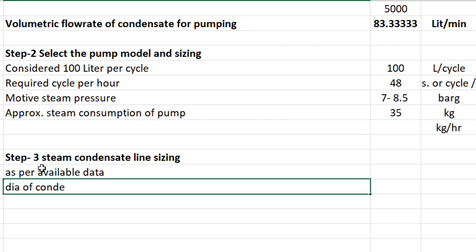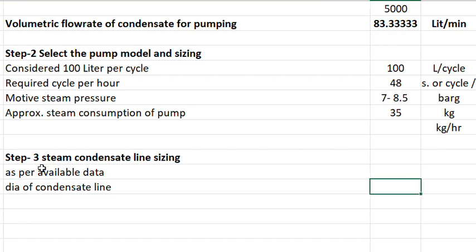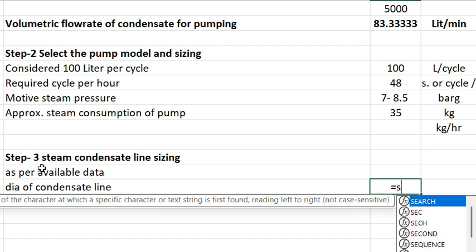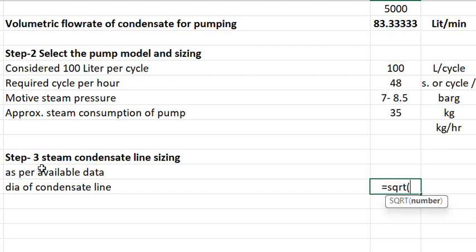Diameter of condensate line: we have calculated that for 5 meter cube. So we can calculate the square root of 5 divided by pi by 4 into the velocity we have considered, 1.5 meter per second, into 3600.